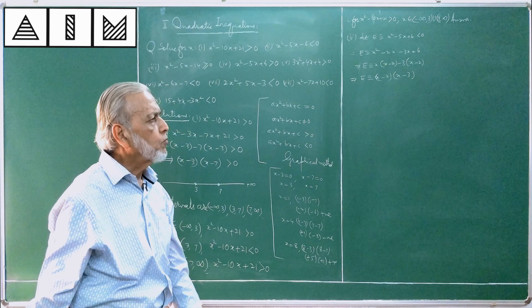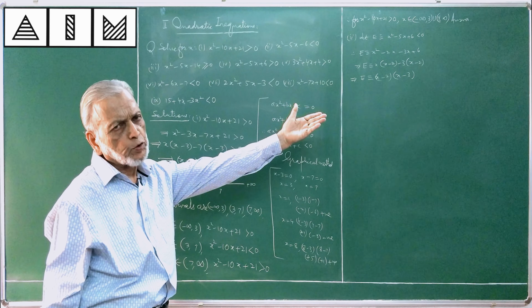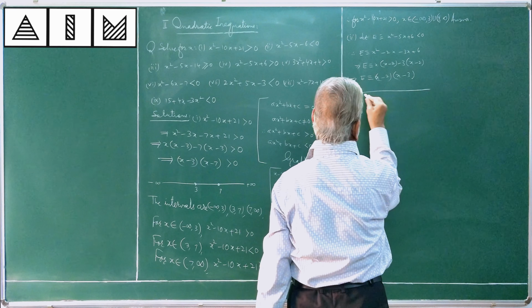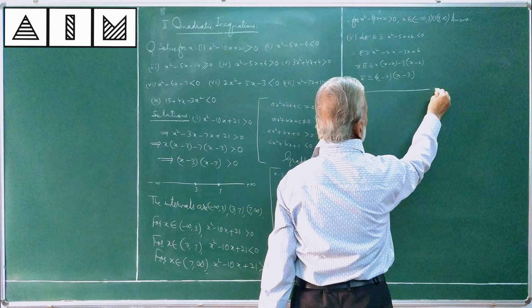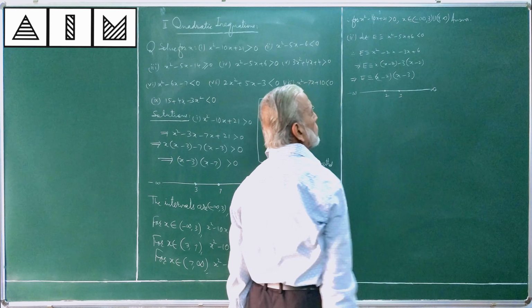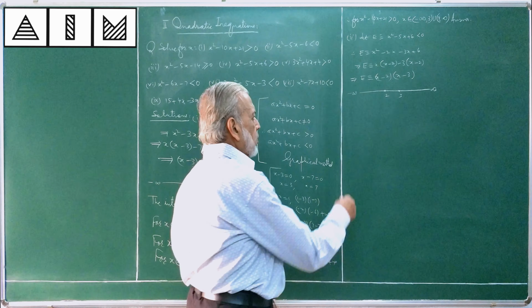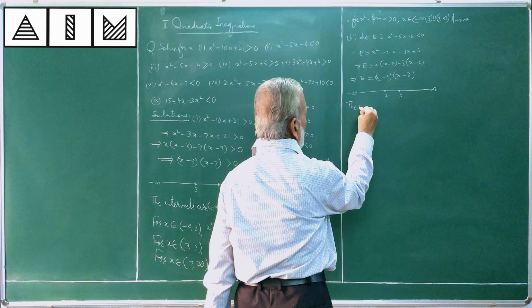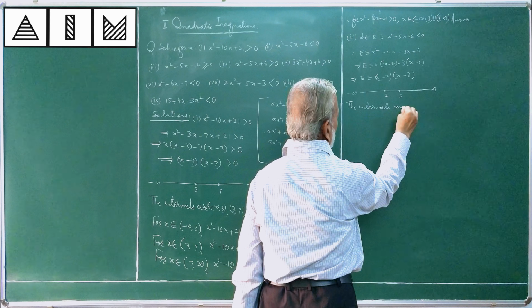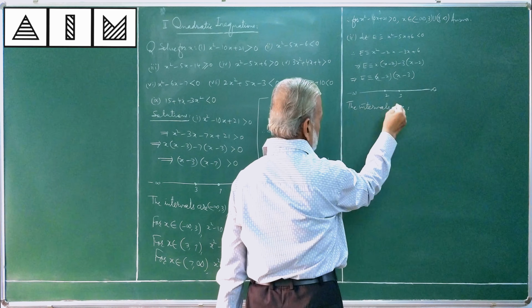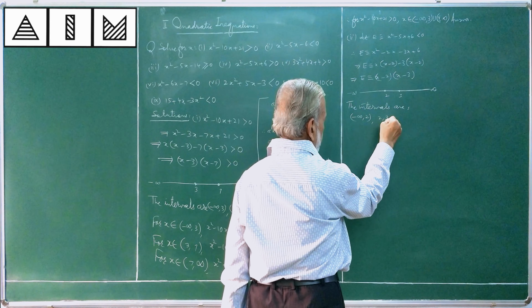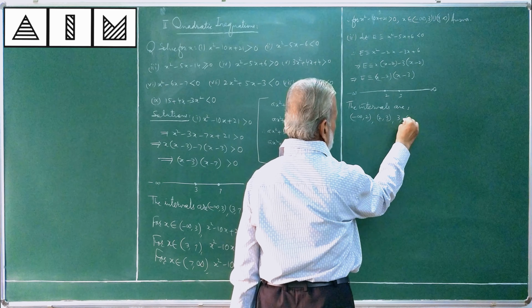Factorization. Values are x is equal to 2, x is equal to 3, mark the intervals. The intervals are minus infinity to 2, 2 to 3, 3 to infinity.